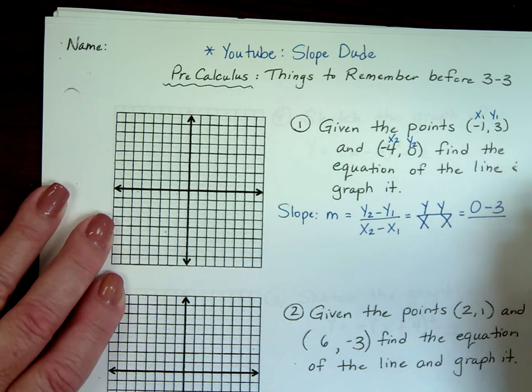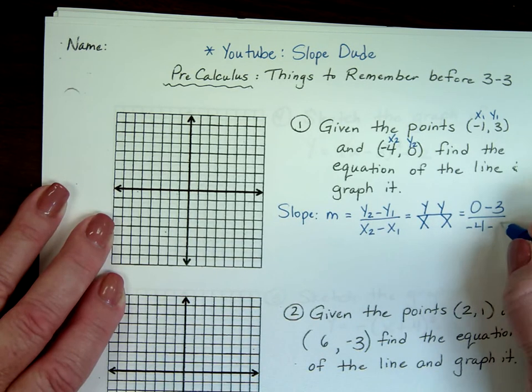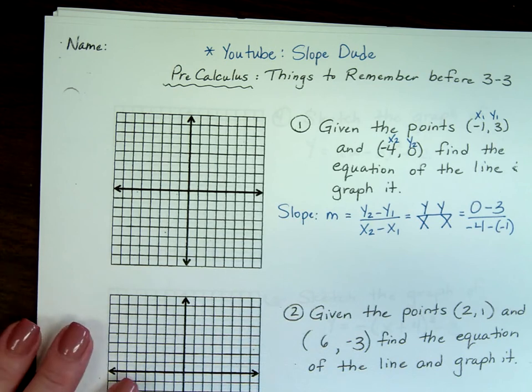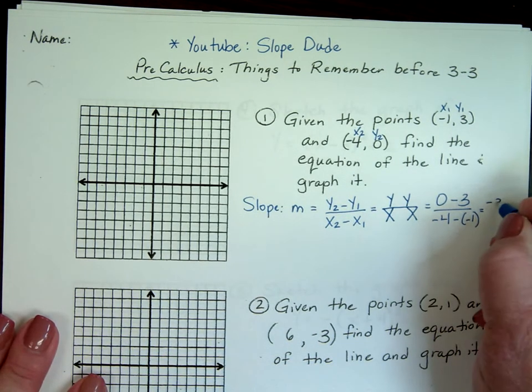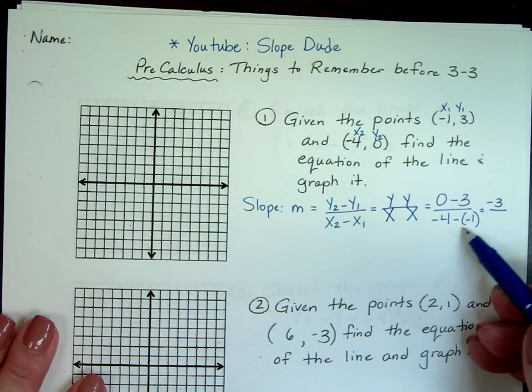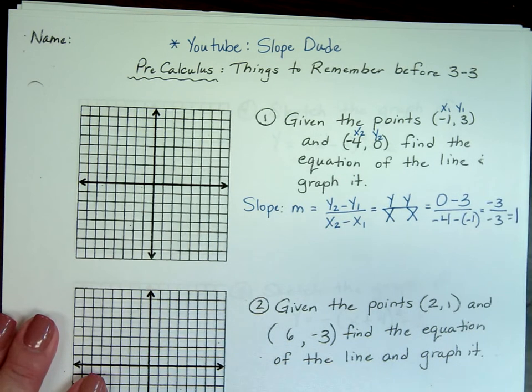There's my top. x2 is -4, minus x1's a -1. Now notice I put that in parentheses, right? Because I've got to distribute the negative. So on the top I get a -3. On the bottom I get -4 plus 1, which gives me -3, and I say, woohoo! I get a slope that is 1.